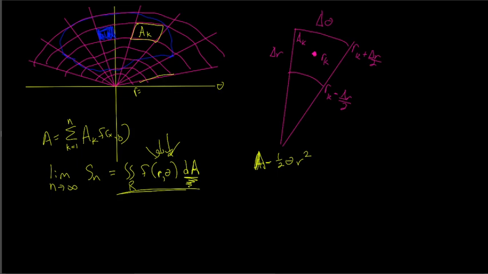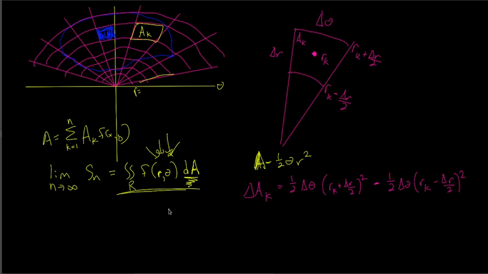So if we want to talk about delta A sub k, then we're going to have 1/2 our change in theta times r_k plus delta r over 2, squared, that's the large sector's area, minus 1/2 delta theta times r_k minus delta r over 2, squared. And that's the little sector in here.